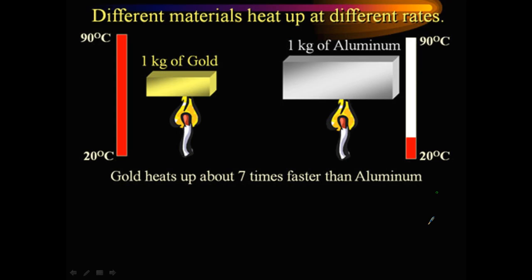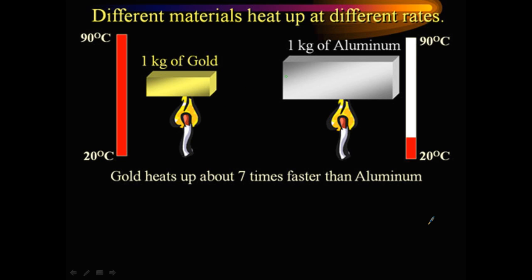And because of this, different materials heat up at different rates. Gold heats up 7 times faster than aluminum. So gold has a lower specific heat than aluminum.